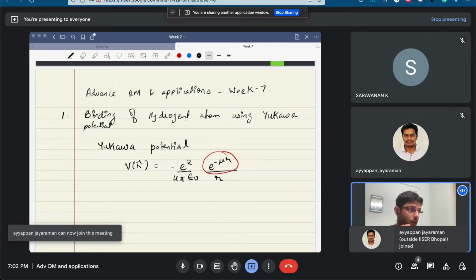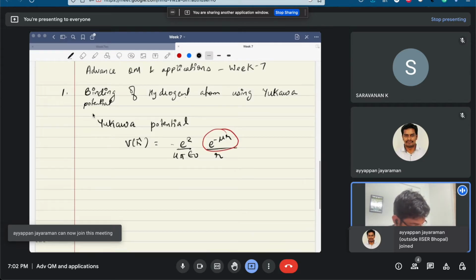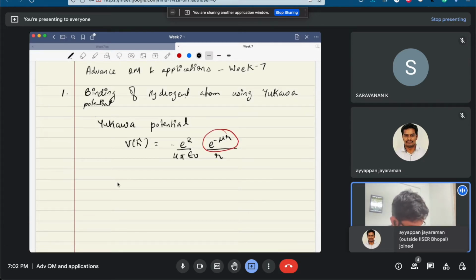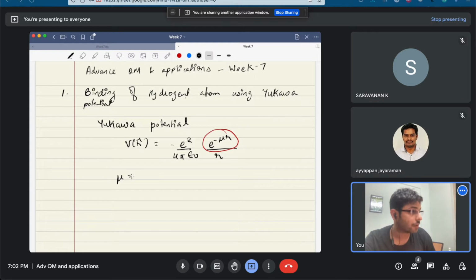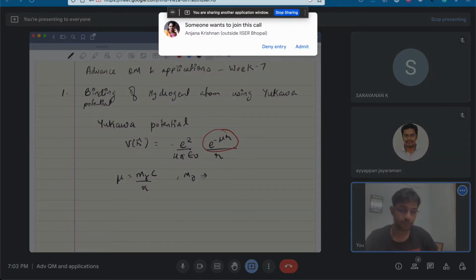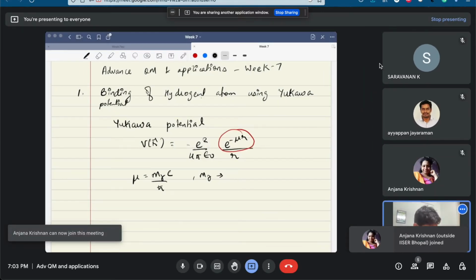Okay. Now here μ is given as m_γ c by ħ, where m_γ is the mass of the photon.